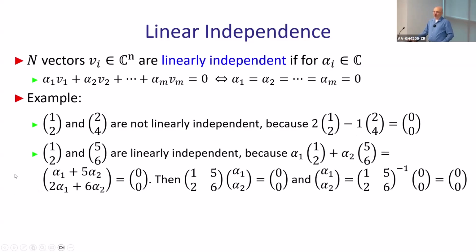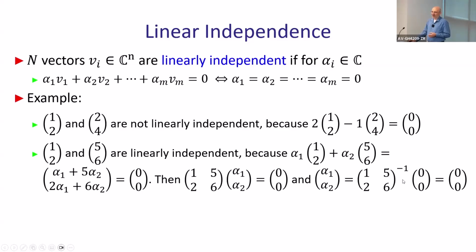Let's pick another one. We have vectors 1, 2 and 5, 6. They are linearly independent. Why is that? Let's write the linear combination of the vectors: some coefficient alpha 1 times the first vector plus alpha 2 times the second vector. You get a system of two linear equations, and the solution will come from the matrix inverse. Since this matrix is invertible, you have only one trivial solution, which is 0.